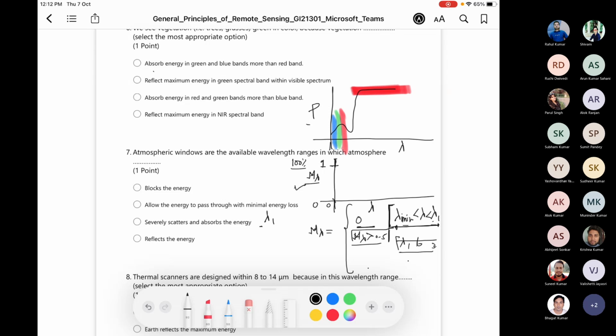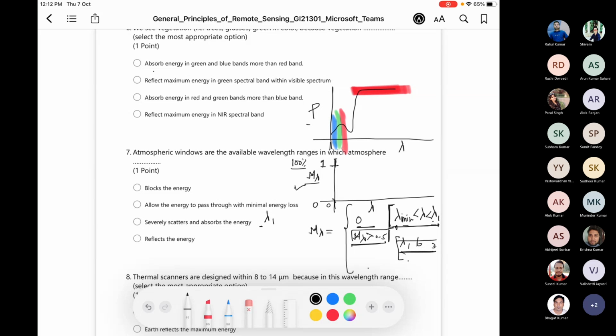In these wavelength ranges, the tau lambda value is more than 50%. It is close to 1. And then these wavelength range segments are called atmospheric windows.